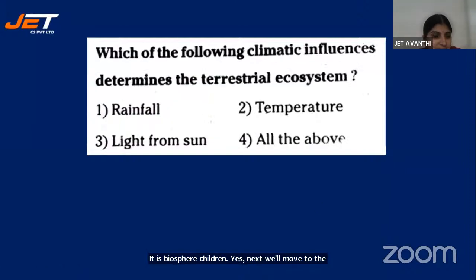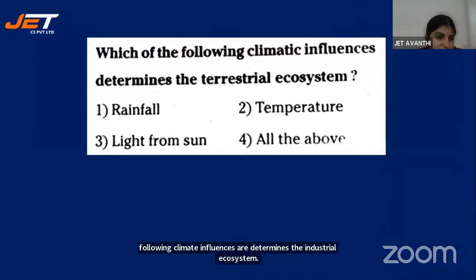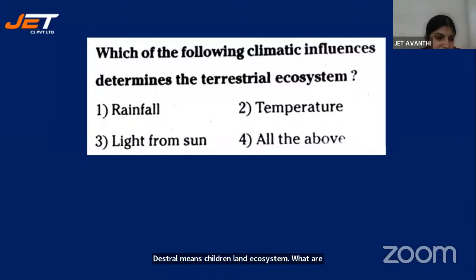Next. Which of the following climatic influences determines the terrestrial ecosystem? Terrestrial means, children, land ecosystem. What are those? Rainfall, temperature, light from sun, and all the above.